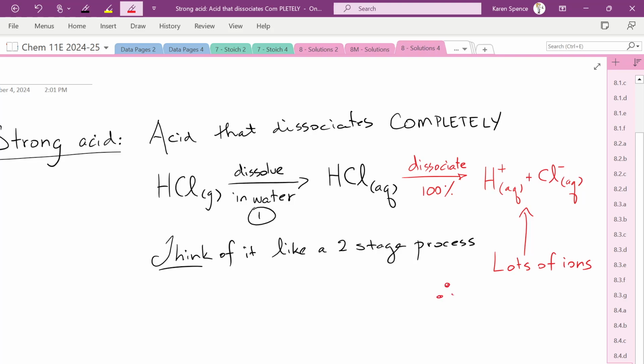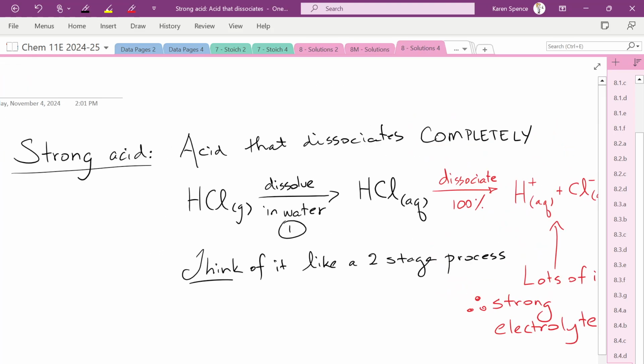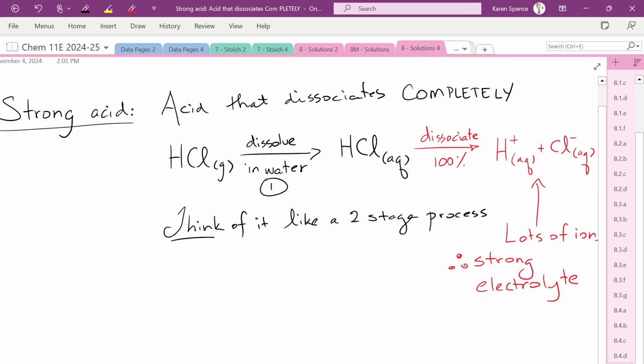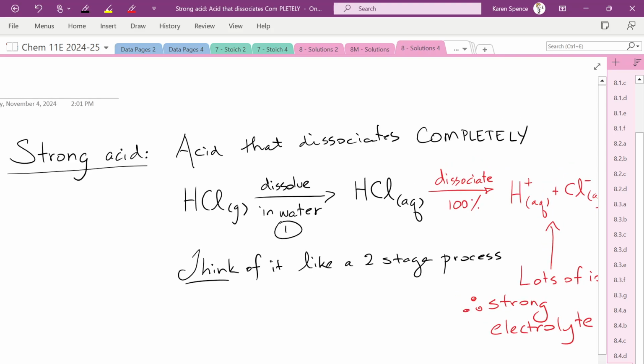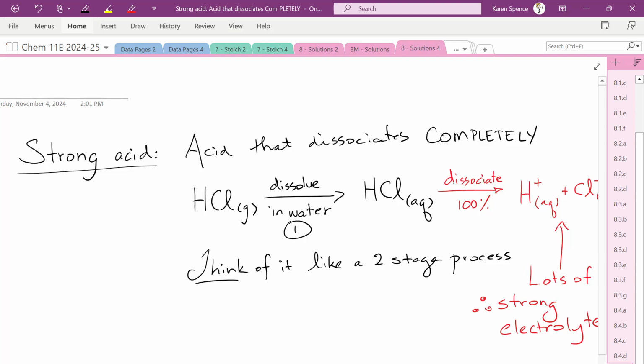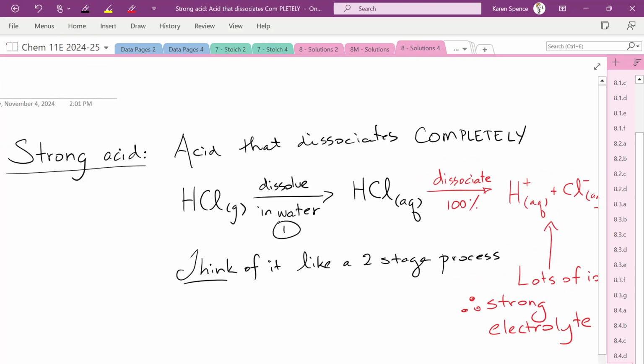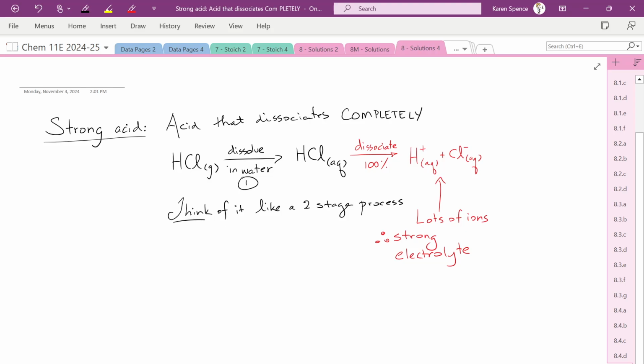And therefore, it is a strong electrolyte. Now, the counterpart to a strong acid is a weak acid.